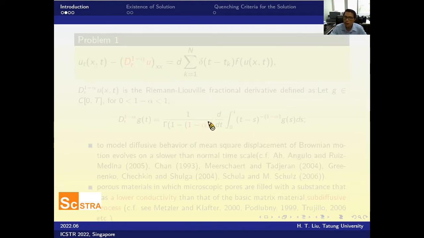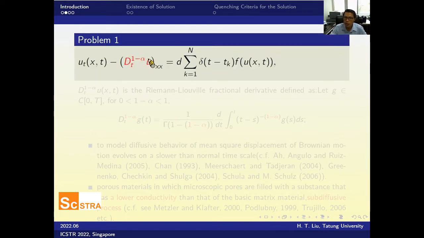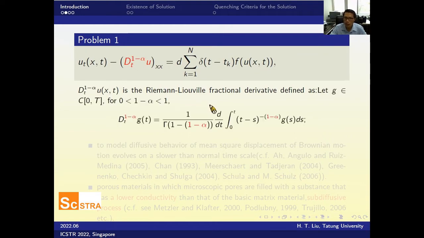Now, let us have a closer look at the left-hand side operator. The operator here is called the Riemann-Liouville fractional operator, which is defined as the derivative of the integral of a function with weight function t minus s to a certain power.